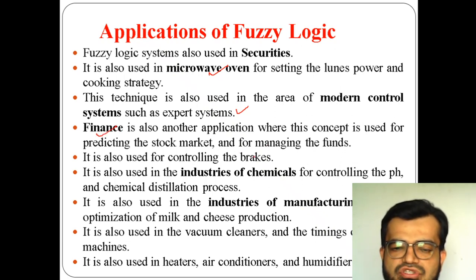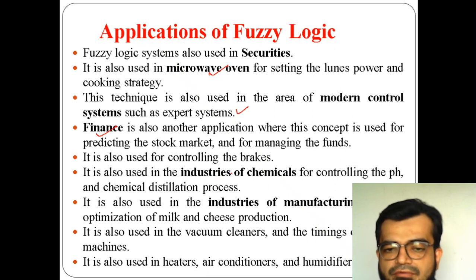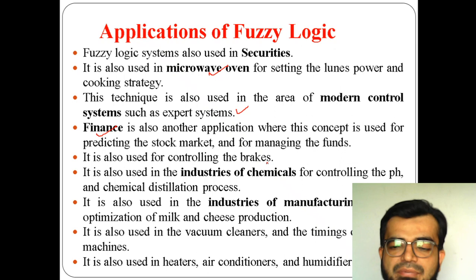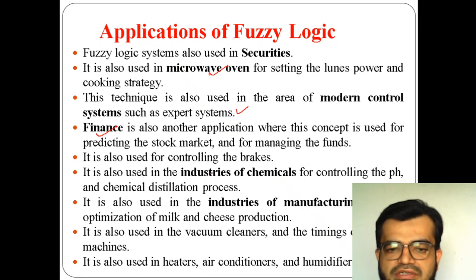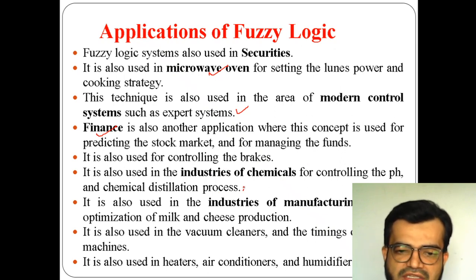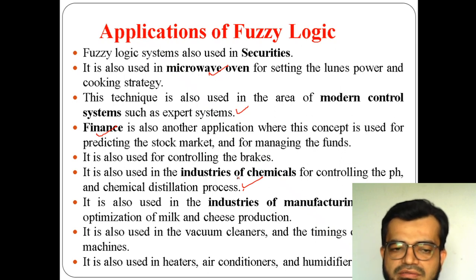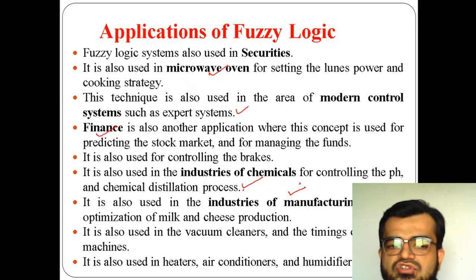It will also be used in industries for controlling the pH value, which should be kept controlled. Based on that it will select, and also in the distillation process, because mostly this process is performed in all of these kinds of industries, and even in manufacturing as well. For any kind of manufacturing, the products should be optimized.